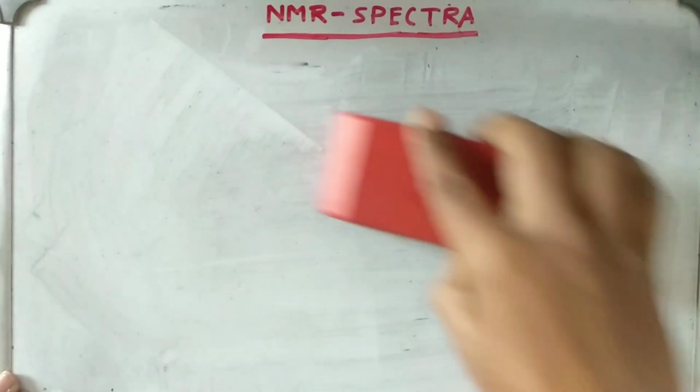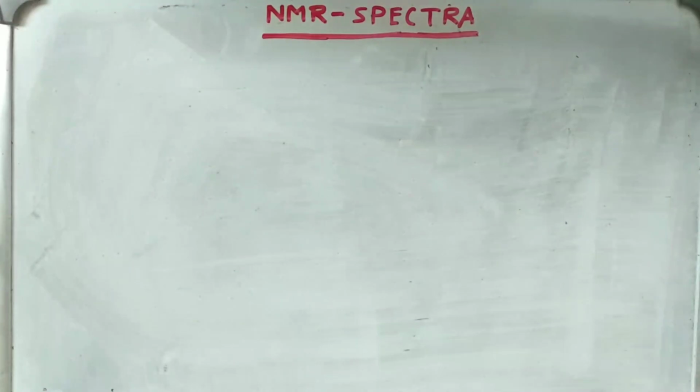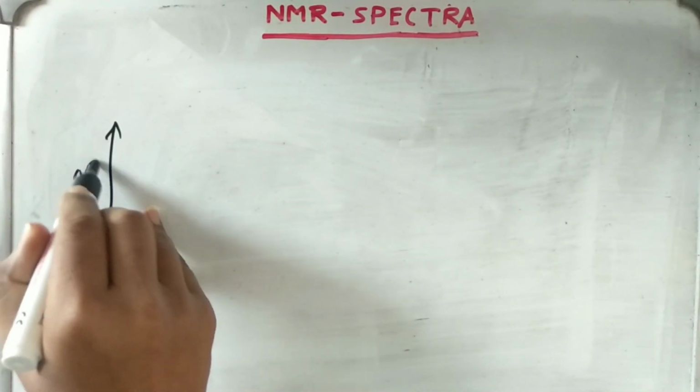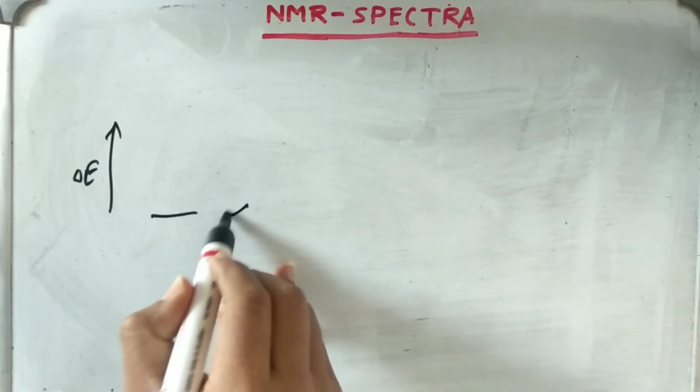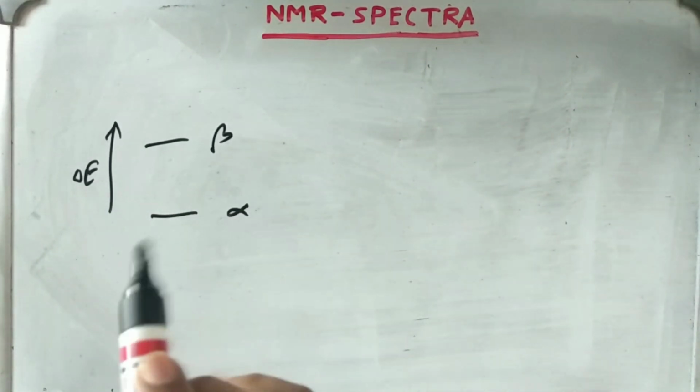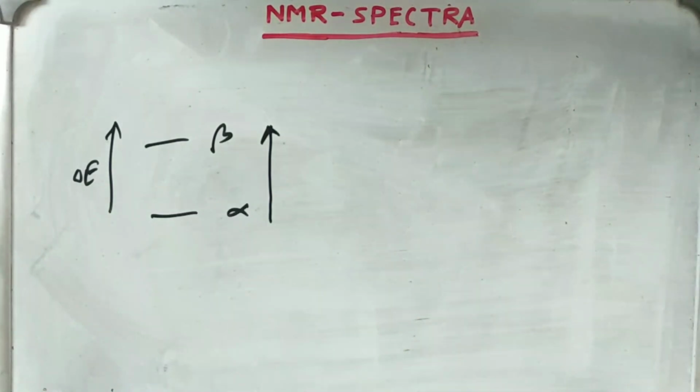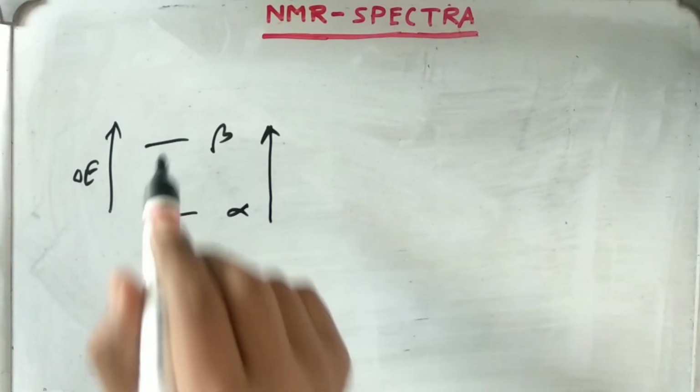During conversion, this kind of population of spin states is possible. So say this is the energy diagram, delta E or E. This is alpha, this is beta. I have already told you that this electron flipping from alpha to beta spin state is possible because the energy gap is small.